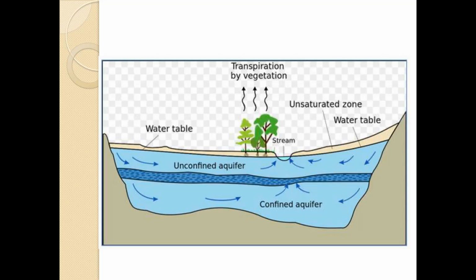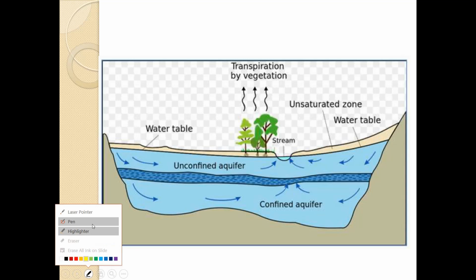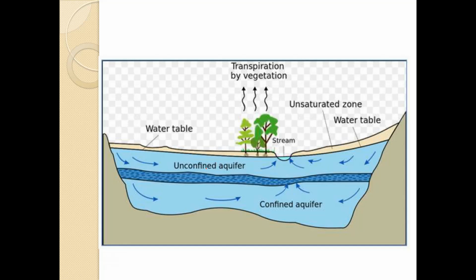So here you can see this is the unconfined aquifer and this is the confined aquifer. In this unconfined aquifer, water is coming from the top level and we can draw the water.